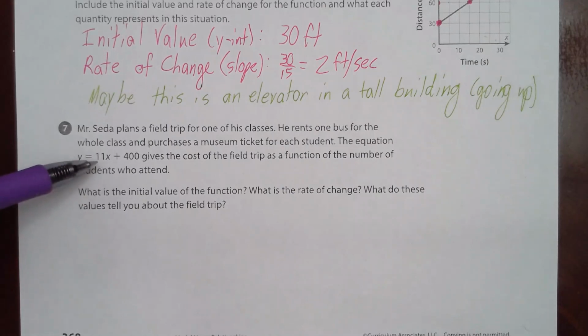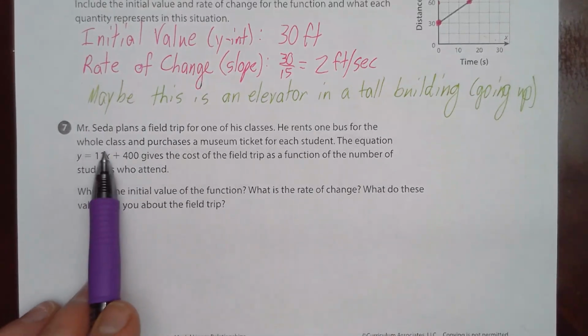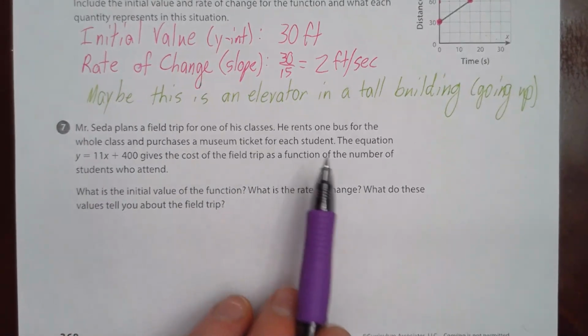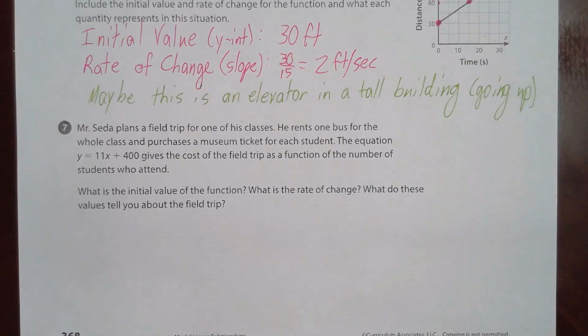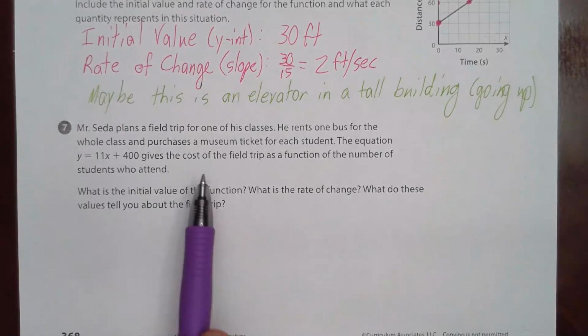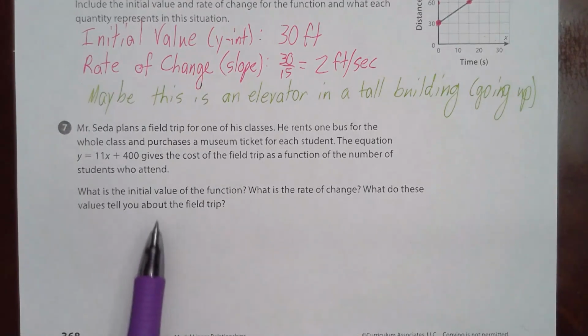You're already saying, oh, that 11, that must be talking about... Oh, that 400, that must be talking about, based on what we just read, he rented one bus for the whole class and purchased a museum ticket for each student. Okay, so equations should start jumping out to you. This gives the cost for the field trip as a function of the number of students who attend.